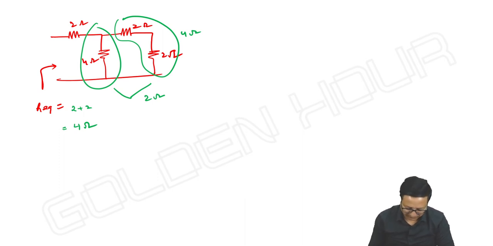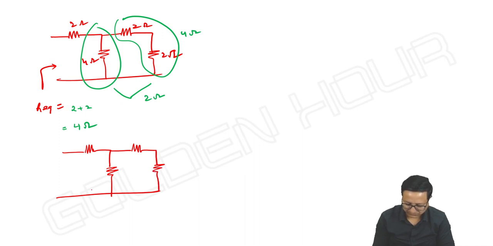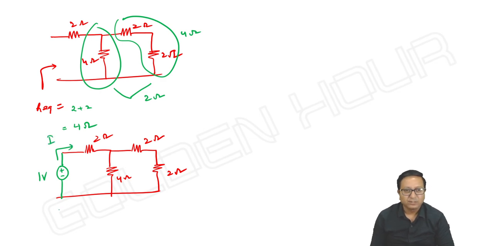We are well aware of it. Or otherwise, as I told you, an arbitrary source: a 1 volt source and let this current be I. Then what is the voltage at this point?